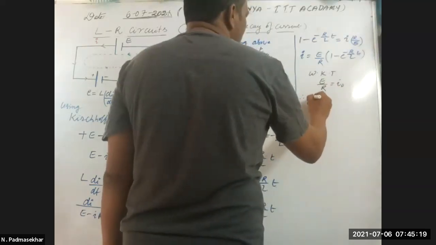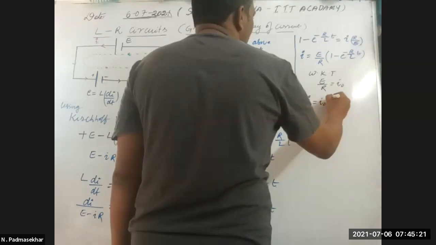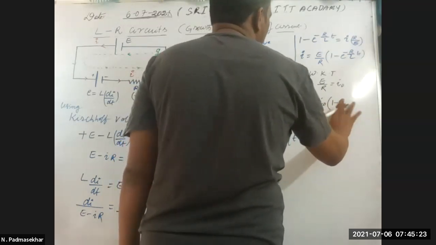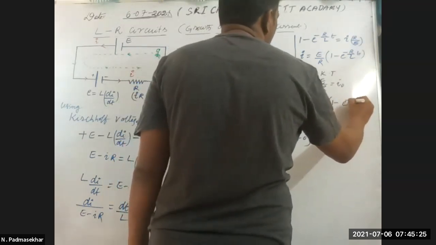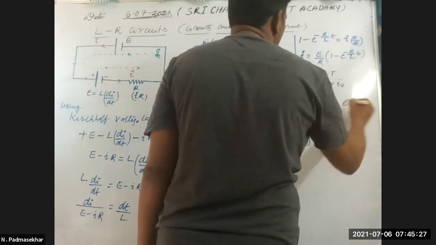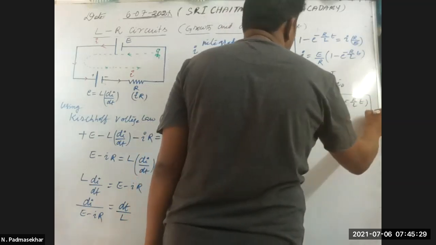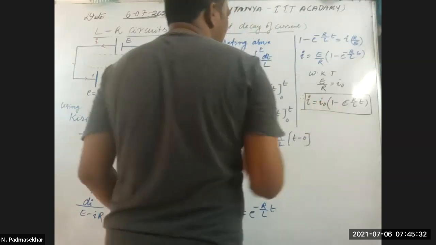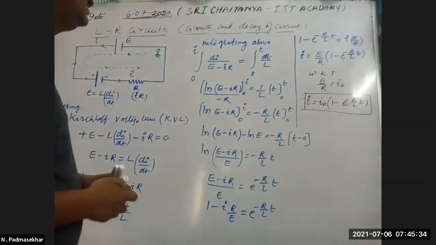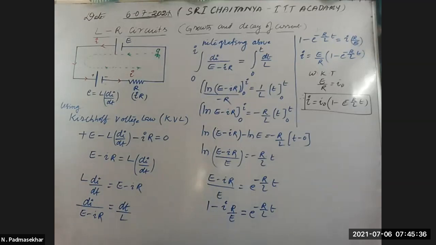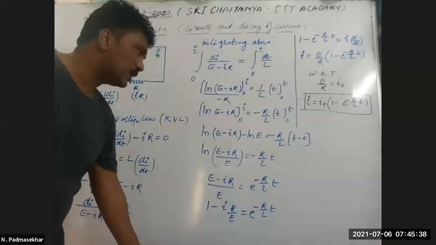Therefore I is equal to I naught times 1 minus e to the power of −R/L into t. This is the current after t seconds.